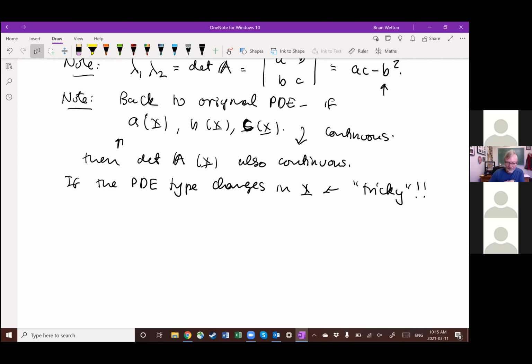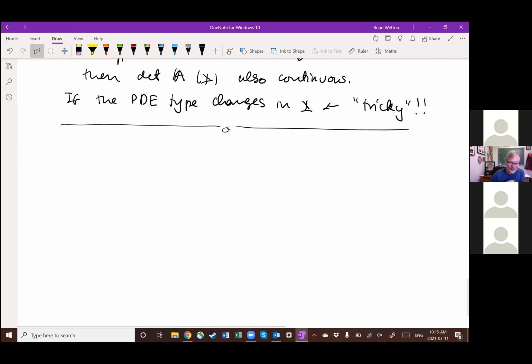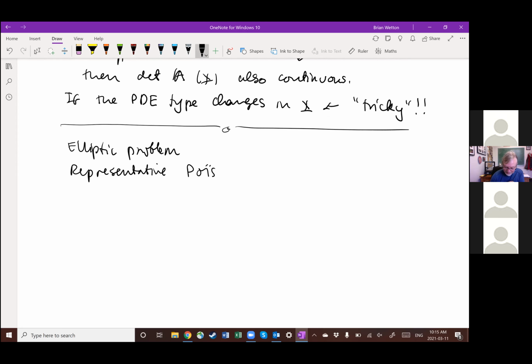So let's just remind ourselves of what these three problems are like. We're going to have the elliptic problem, with the representative scaled problem of, let's say, the Poisson problem.